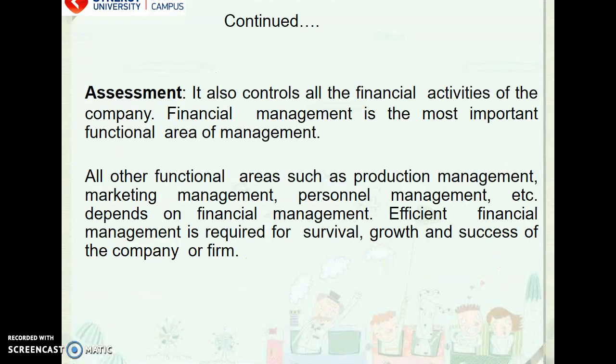Financial management also involves assessment, where we are talking about controlling all the financial activities of a company. So this is the scope of financial management. We need to be able to elaborate on these 5 A's, which are anticipation, acquisition, allocation, appropriation, and assessment.